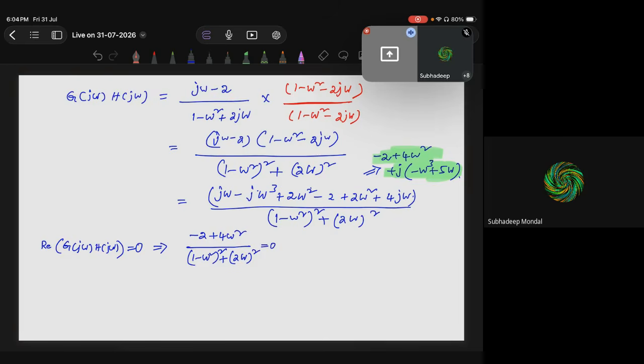Is it clear? Then it gives us 4 omega square equal to 2. Omega is equal to what? 1 by root 2. Am I correct? So when we take the real part as 0, we get omega equal to 1 by root 2. Next, similarly, take the imaginary part to 0.